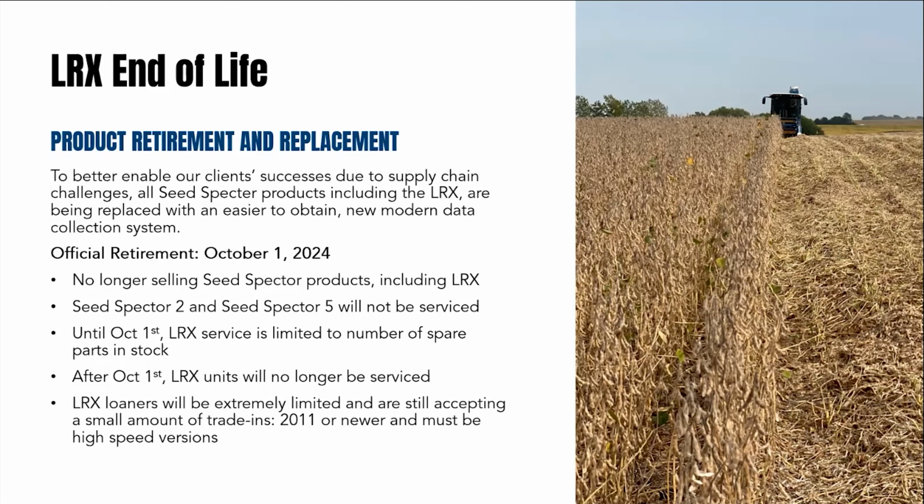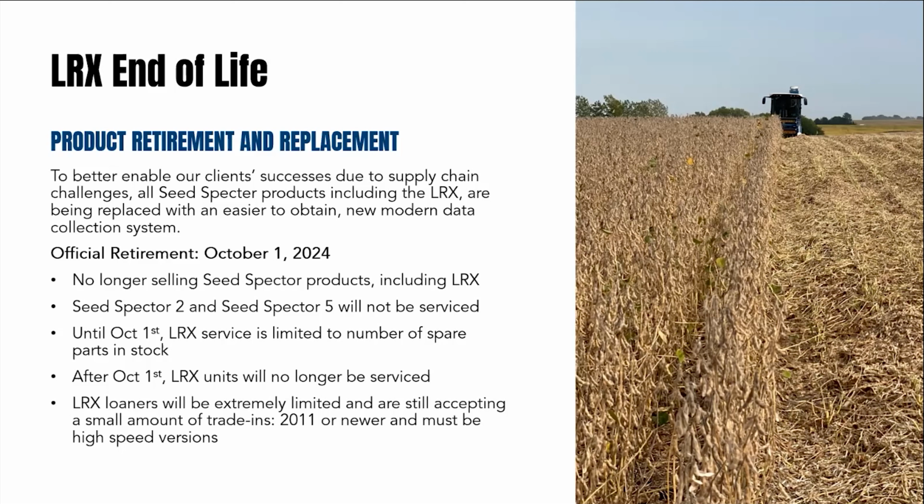So what does that mean? Well, that means if you're in harvest this year, up to that date, and you have an issue with your LRX, you can certainly send it to us. We will put it on a test stand. We will look it over. If it's just something simple, we can go ahead and fix it.